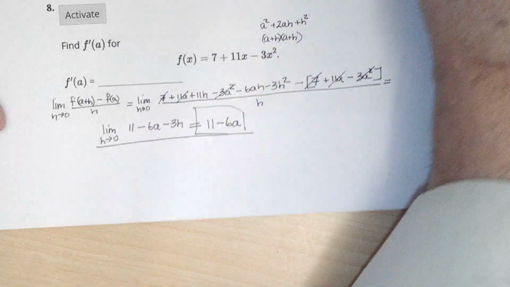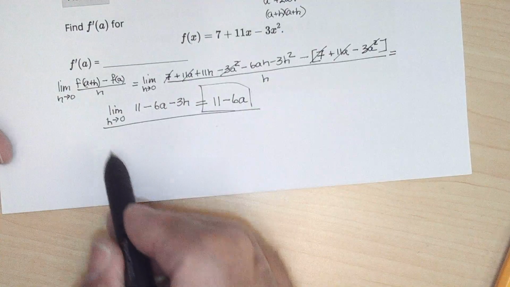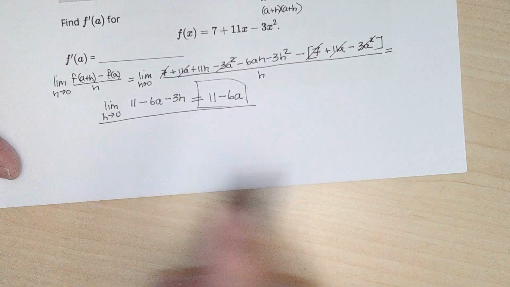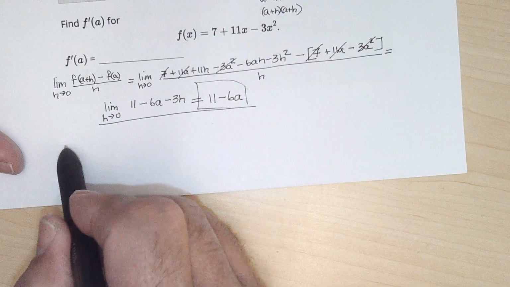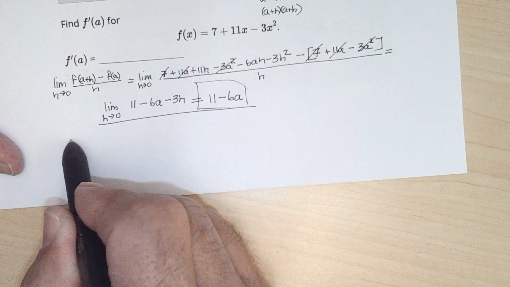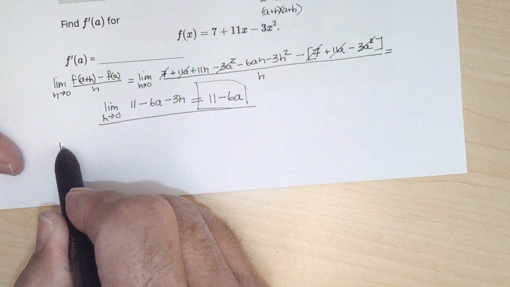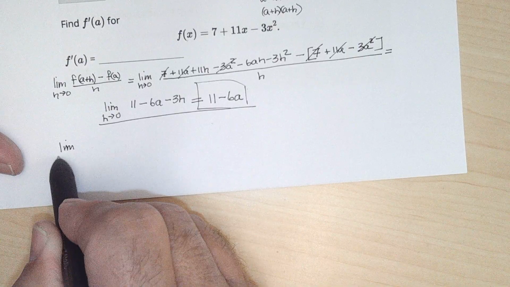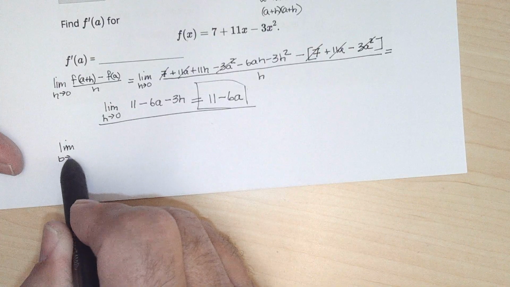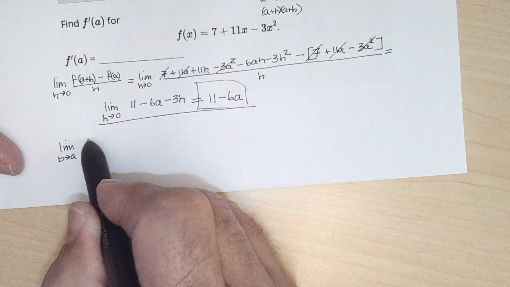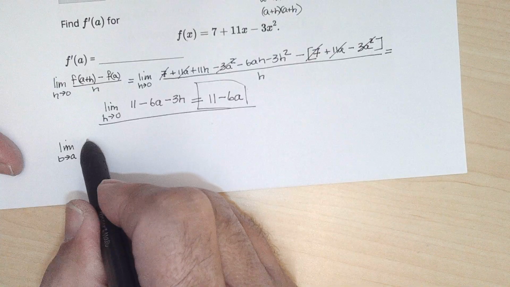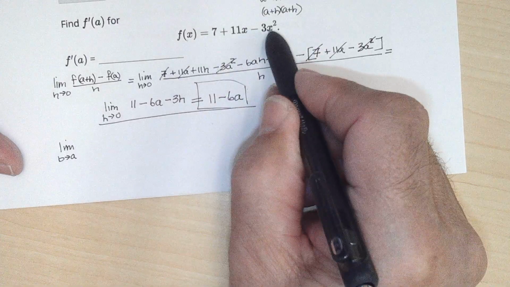Now I'm going to do it with the AB method. So I want to find it at a. The AB method is the limit as b gets closer to a of f of b. So that's just b put in for all the x's.